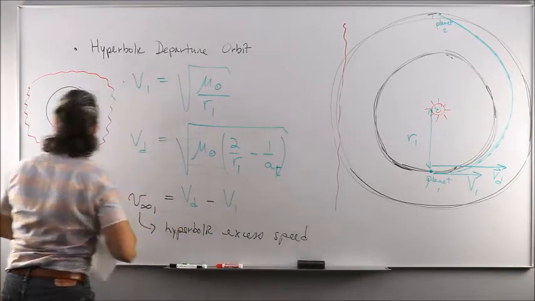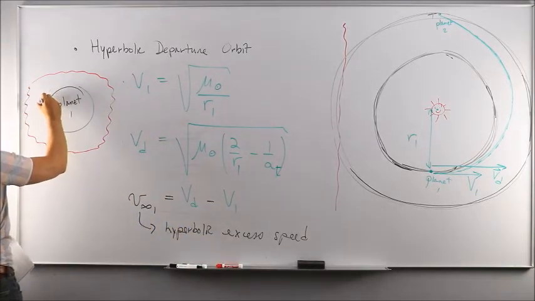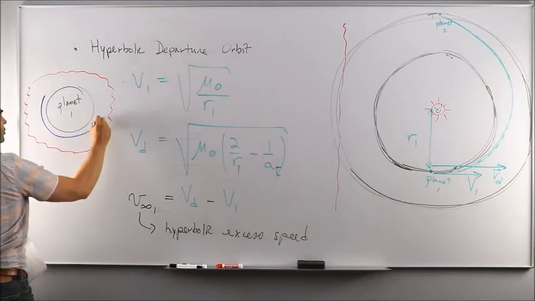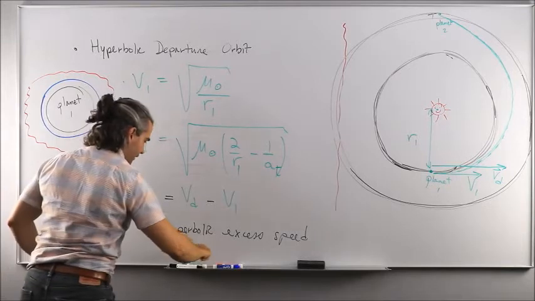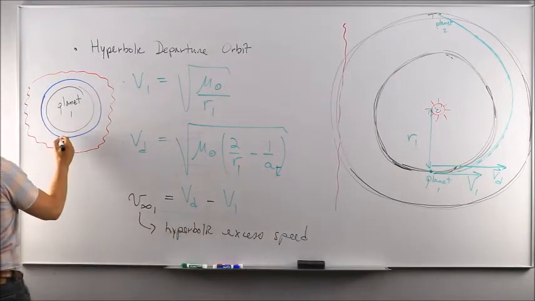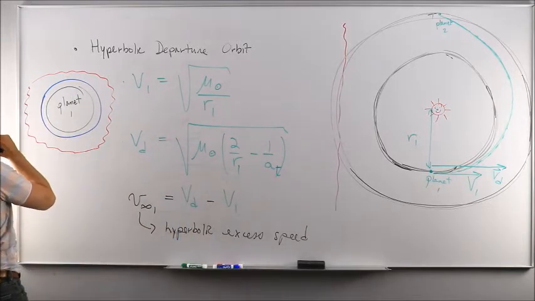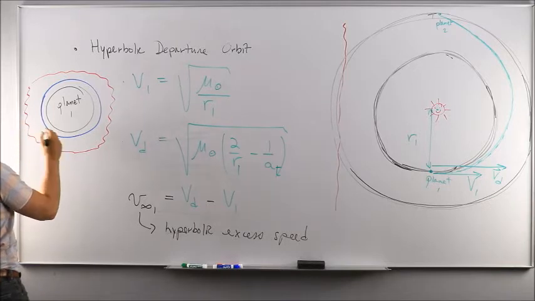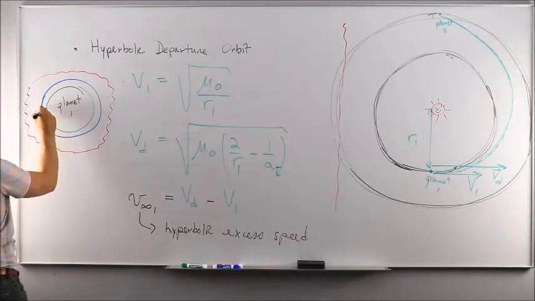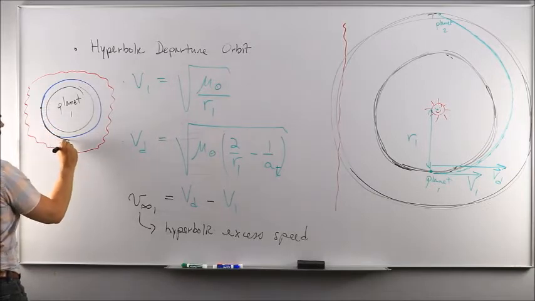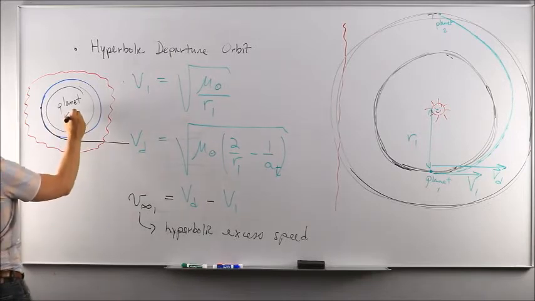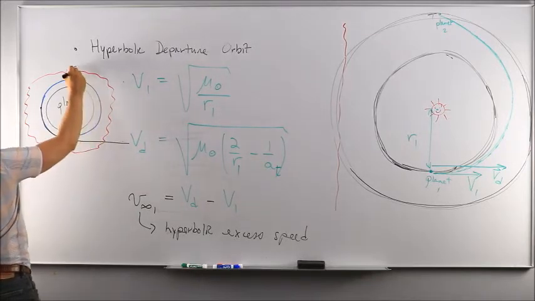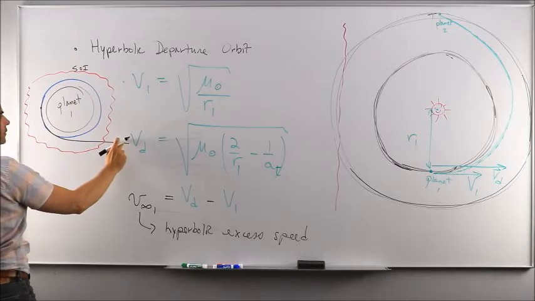Originally, we're starting the process from a low Earth parking orbit, which is a circular orbit like this. And then we're going to apply a delta V maneuver to increase the energy quite a bit, to go, say, from here into a hyperbolic trajectory that would get us outside of the sphere of influence of planet 1.